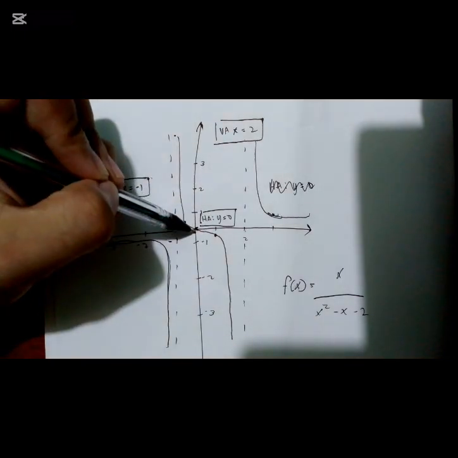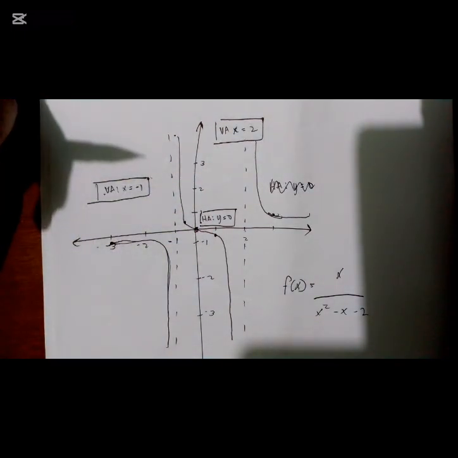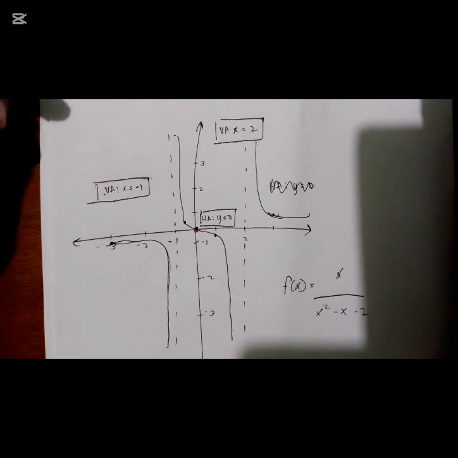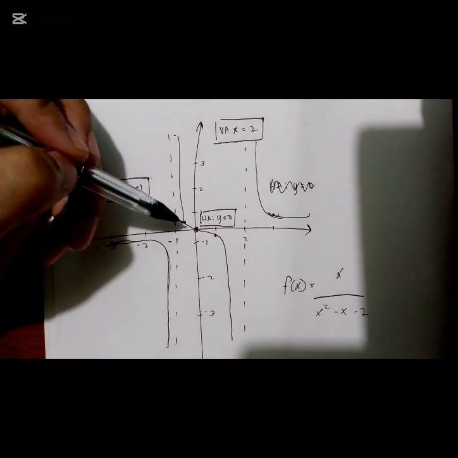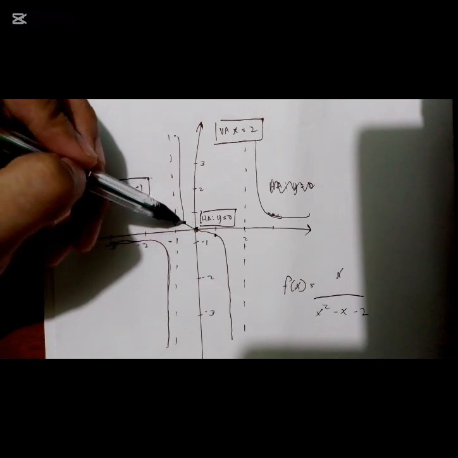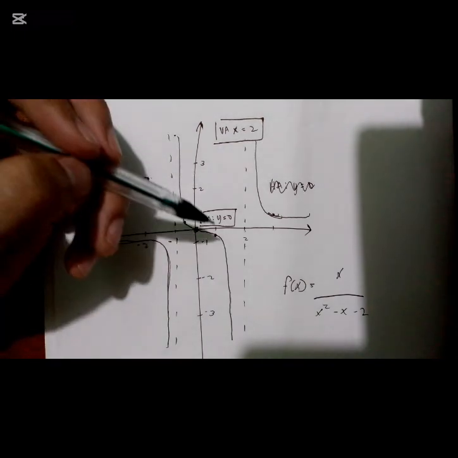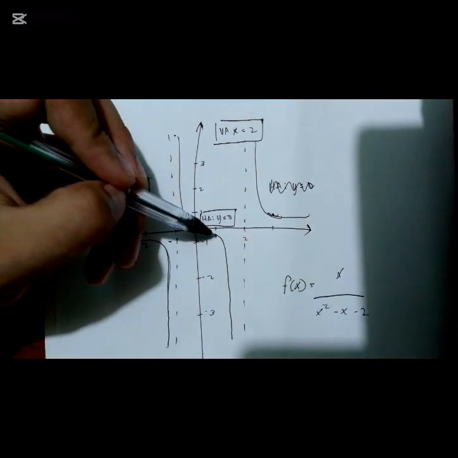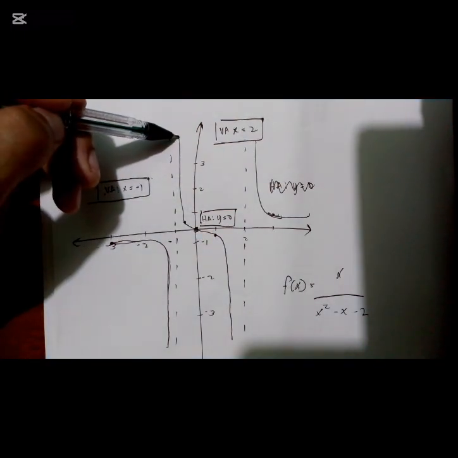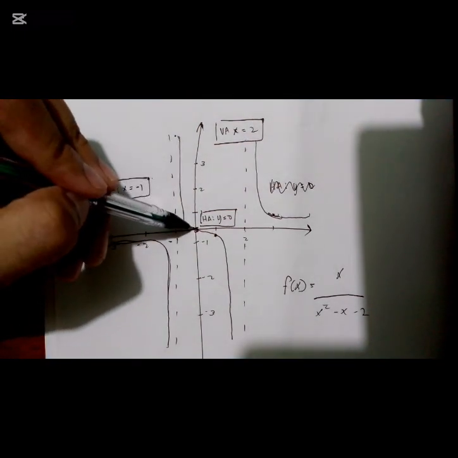That's why it's in the center. And then another value is negative 0.5 and 0.4, here. And then 1 and negative 0.5 here. That's why the graph should be like this.